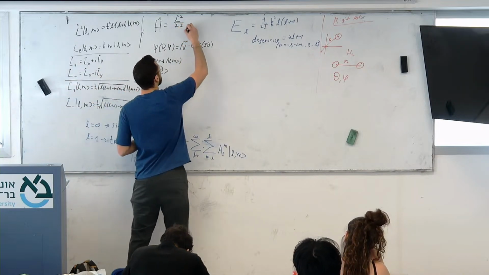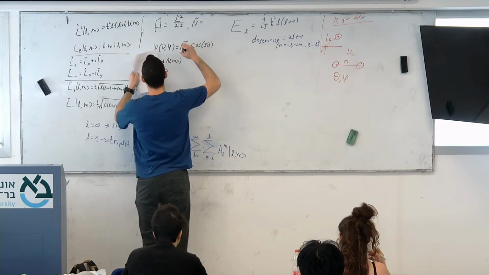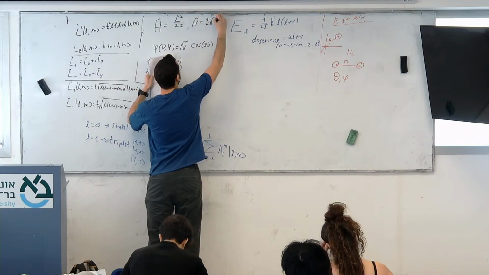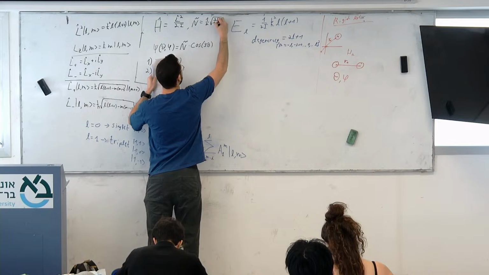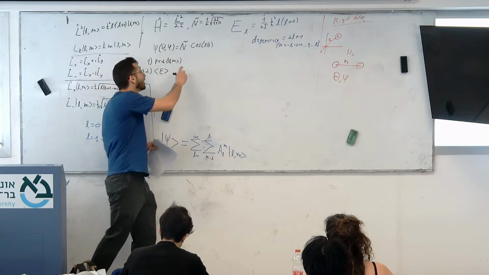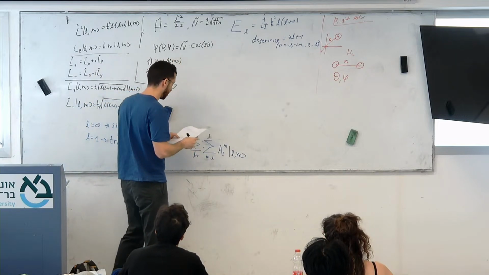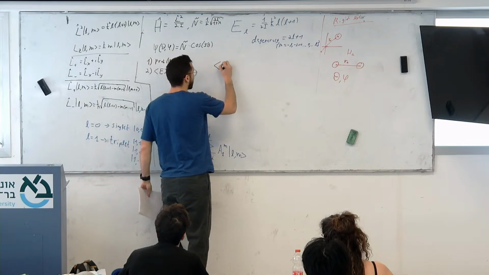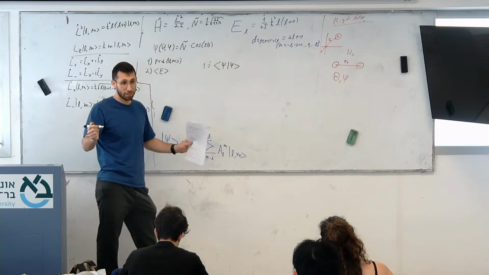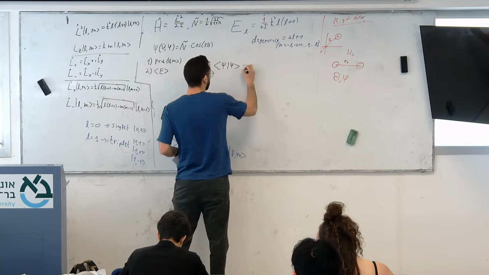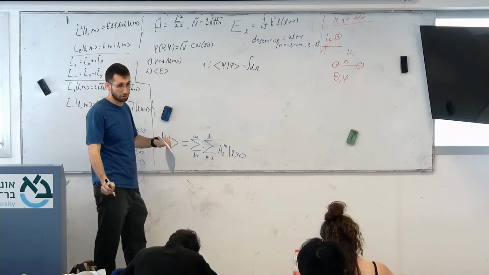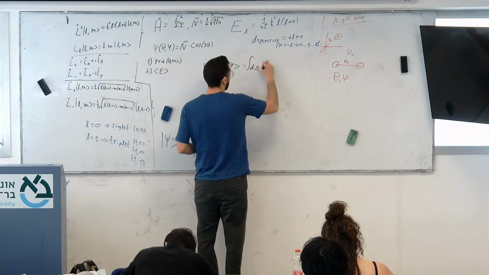I know that the normalization is exactly 1 over 2 square root of 35 over 17 pi. The reason I know it is because in the homework you are going to check that the integral of psi conjugate psi is equal to 1. The brief idea is to integrate over all the spherical coordinates, psi conjugate psi.